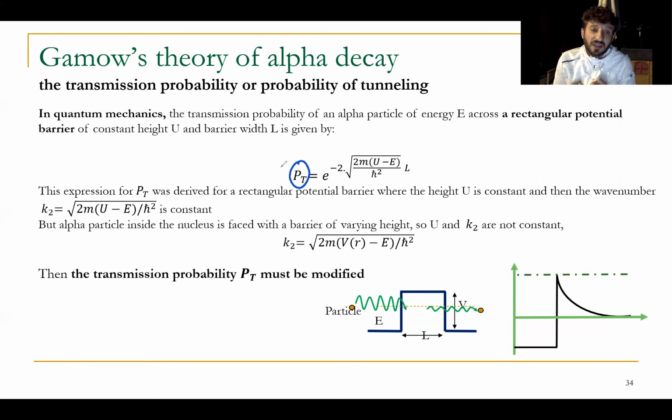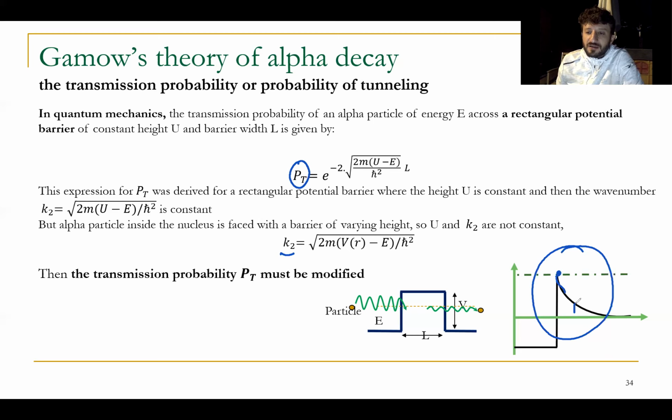But in our case, we have a barrier of varying height. So U and k2 are not constant. We can say k2 equals radical of 2m (V of r minus E) divided by h square, because as you see here, the value of V will decrease.